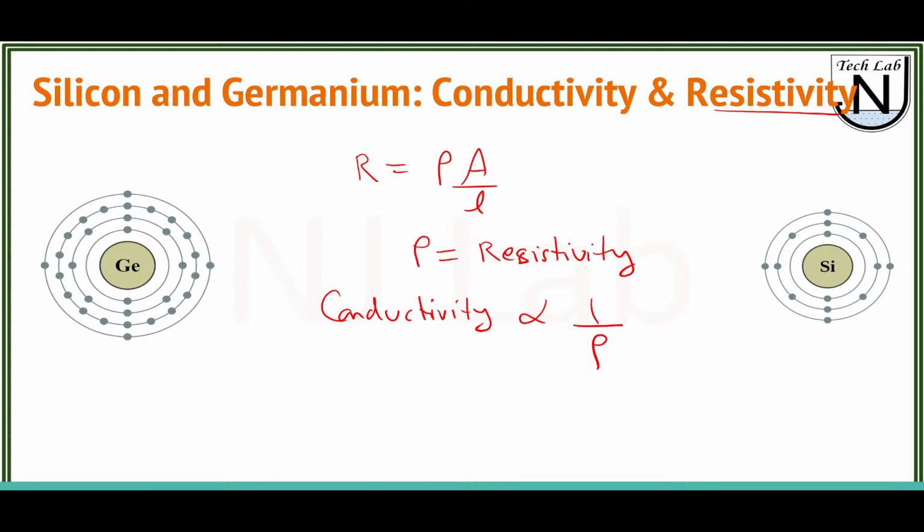So in a semiconductor, when we say that with the increase in temperature the conductivity increases, it means the resistivity decreases, right?